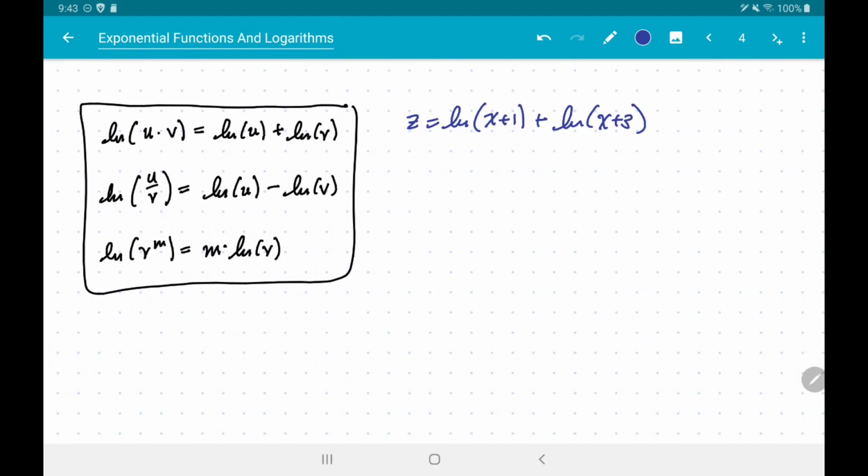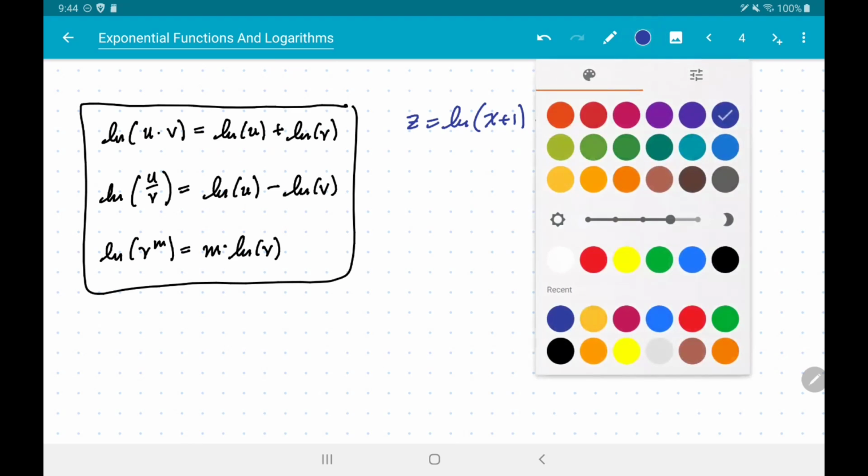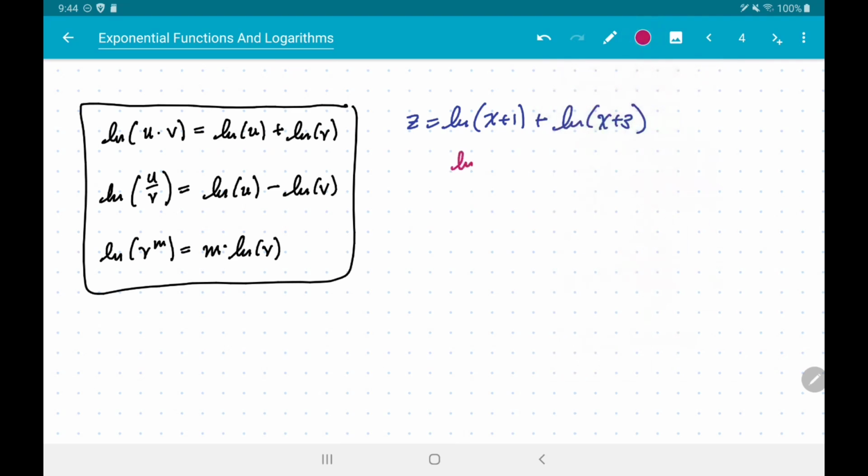Well, looking at this algebraic formula, which of these formulas can we use? This one. Nope, that was the wrong one. It's plus. Sorry. We want to use this one because we have ln of u plus ln of v.